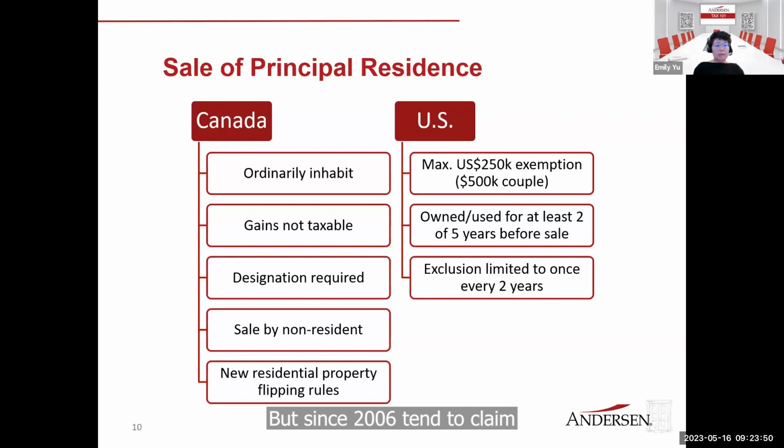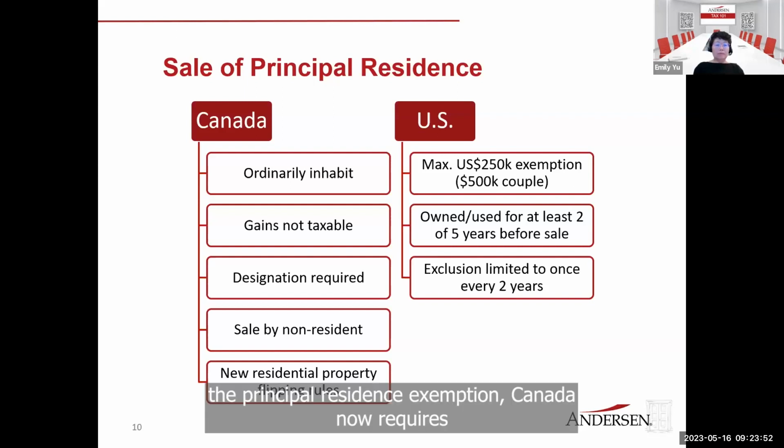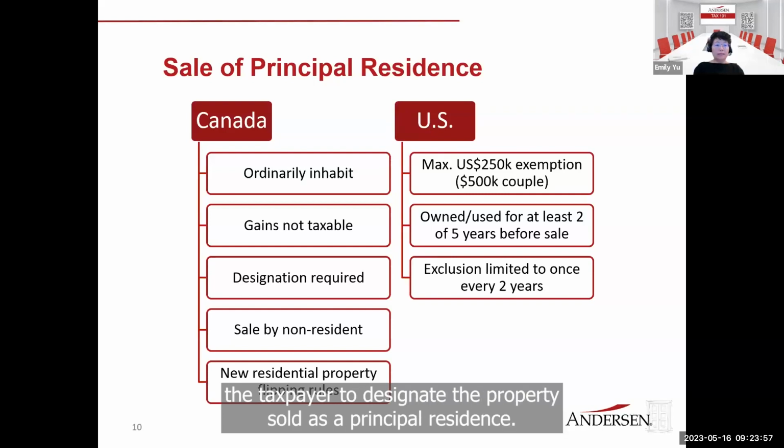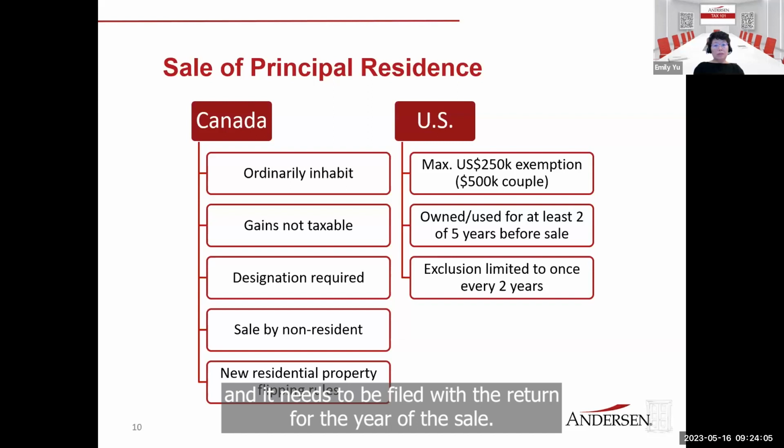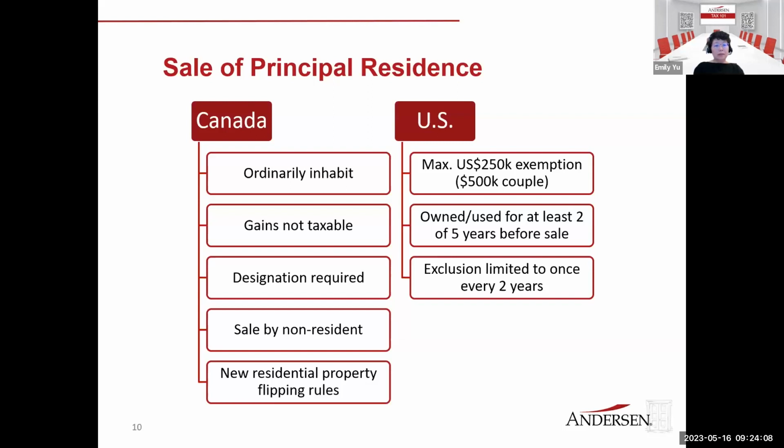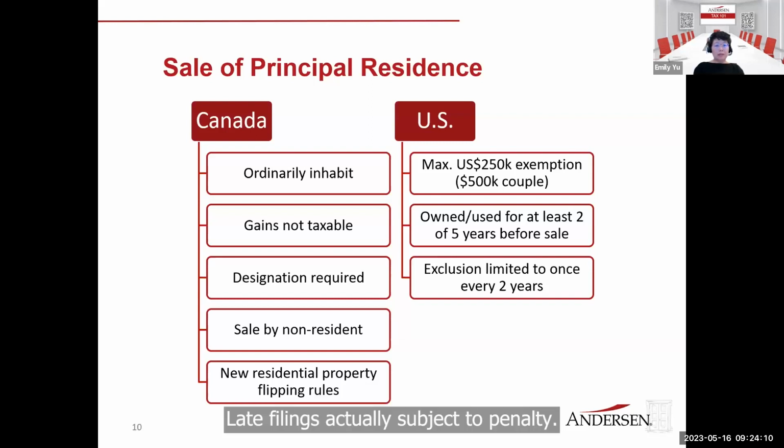But since 2016, to claim the principal residence exemption, Canada now requires the taxpayer to designate the property sold as a principal residence. This is done on CRA Form 2091, and it needs to be filed with the return for the year of the sale. Late filing is subject to penalty.